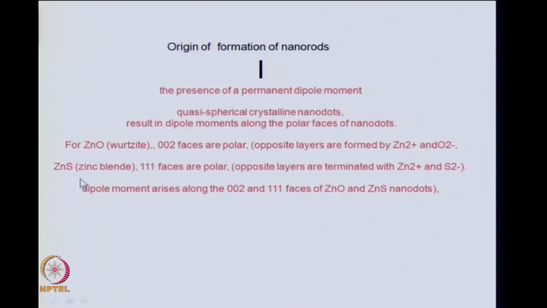In zinc sulphide, which has the zinc blende structure, the 1-1-1 faces are polar.